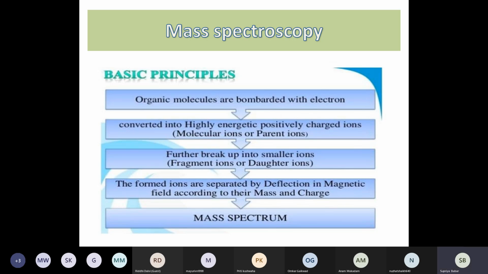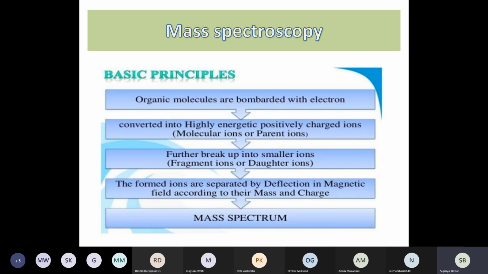After bombardment with electrons, the organic molecule gets converted into highly energetic positively charged ions. These are called molecular ions or parent ions. Further, they break into smaller ions, like fragment ions or daughter ions.